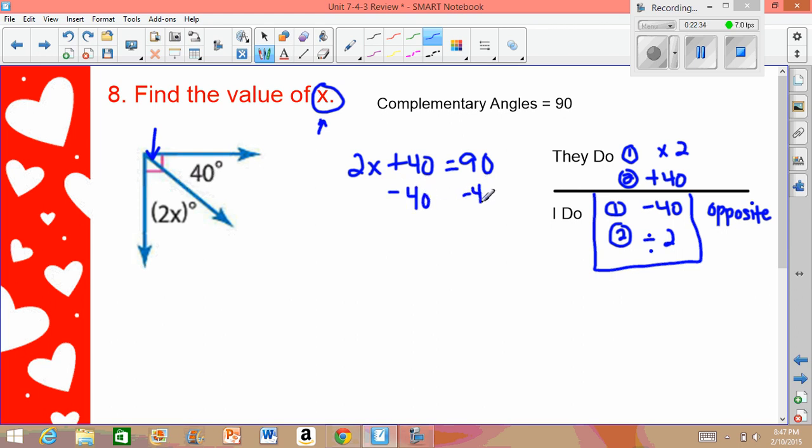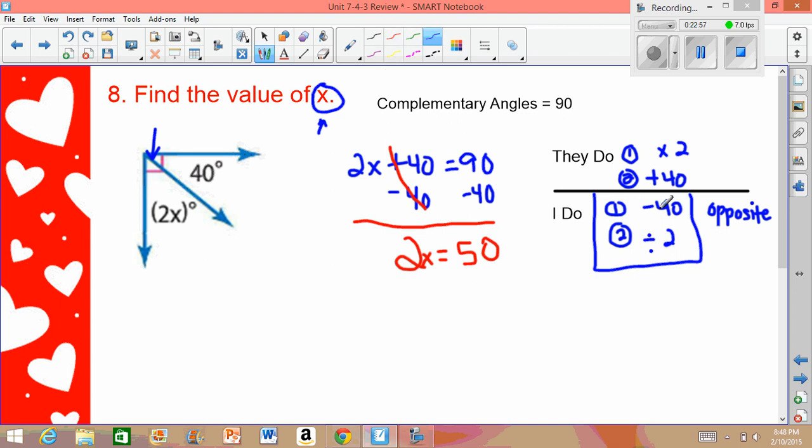So subtract 40 on the left, subtract 40 on the right. Plus 40 minus 40, remember they cancel out to make 0. So that leaves me with 2x equals 90 minus 40 gives me 50.